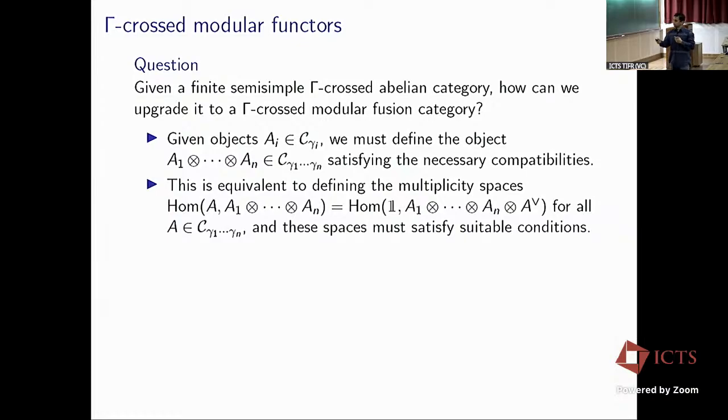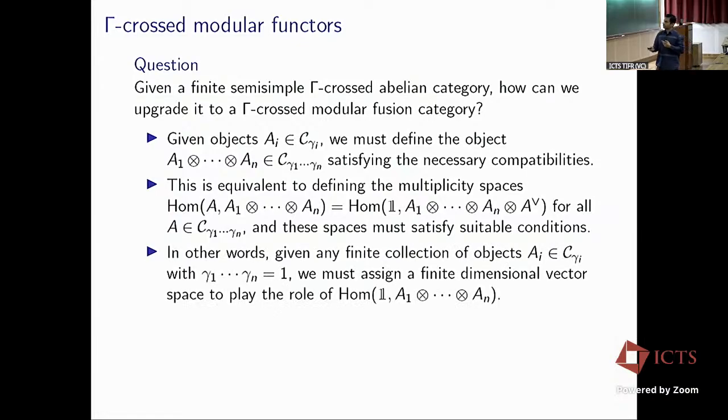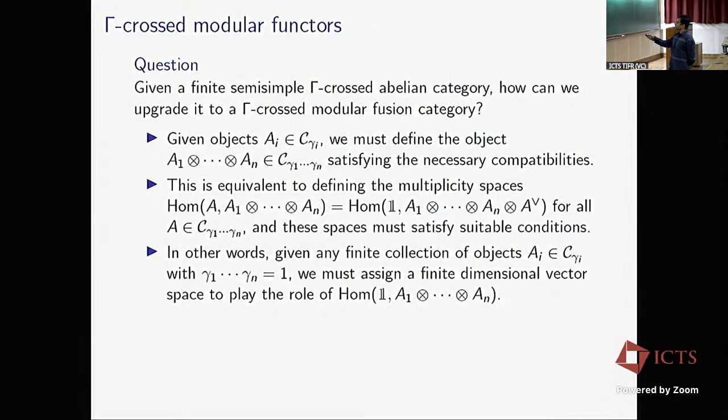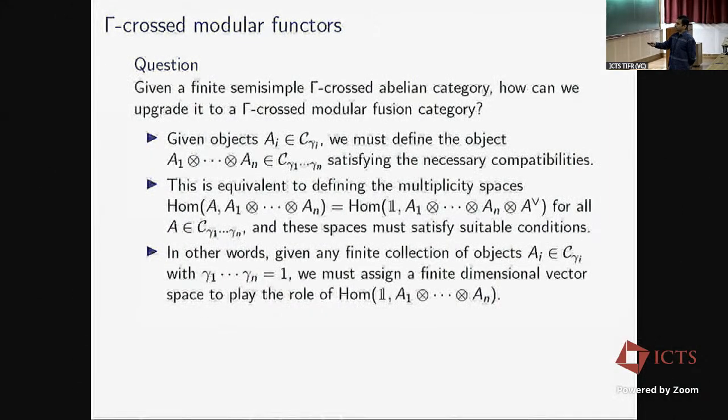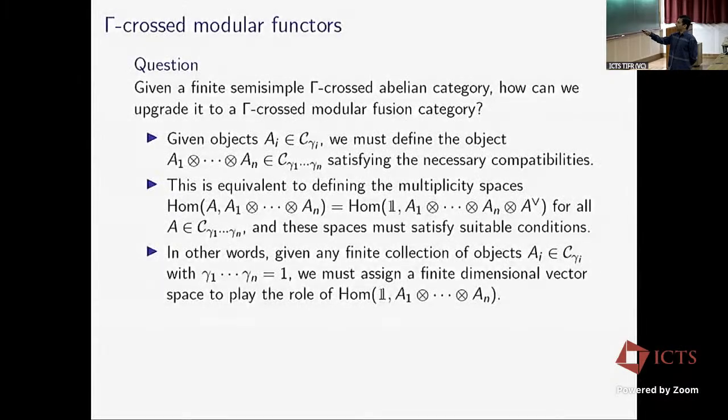So given a bunch of objects in these graded components, with the grades satisfying this relation, we must assign a finite dimensional vector space that will play the role of this. And basically this will define the relevant tensor product.